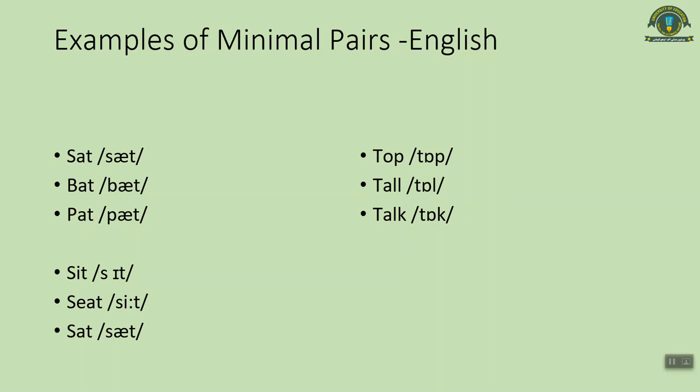Or for example, if Chinese speakers are not able to pronounce the l and r sounds, they are not able to distinguish these sounds properly, then they can also be taught through minimal pairs. So minimal pairs are useful in linguistic analysis, plus in language teaching as well.